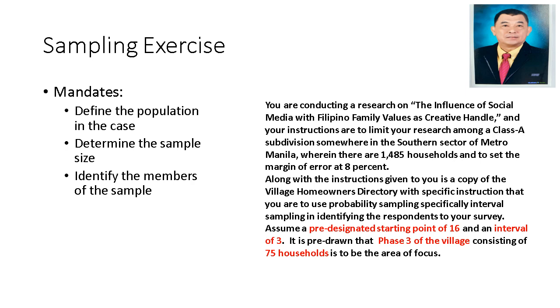The first thing to do is to define the population in the case. Here, it is not the 1,485 households, but rather our capital N, the population, is equivalent to 75 households. All right? And we will determine the sample size using Slovin's formula.